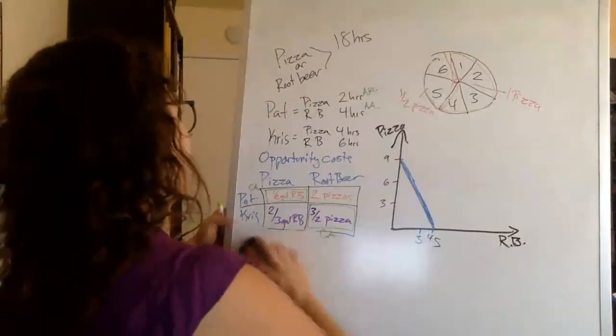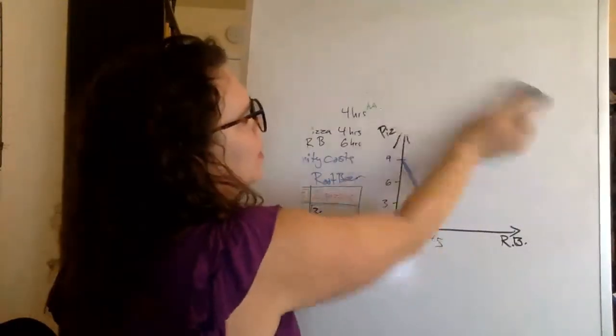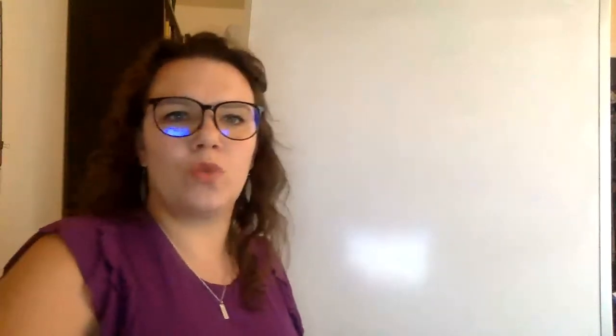Last problem is the China and US example. China and the US each have 1 million workers and can produce either computers or shirts.